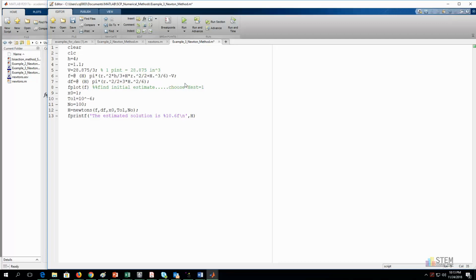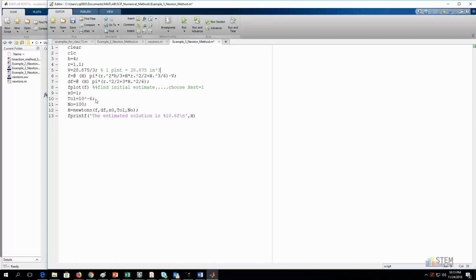Now on this problem, you weren't given really a tolerance or an initial guess. Those weren't given. So for this one, I did an fplot here just to show you how you could do an initial estimate for your initial guess. So we'll do fplot f and then see what it gives, and then you'll notice I'm just going to choose 1, and then we've got our tolerance.